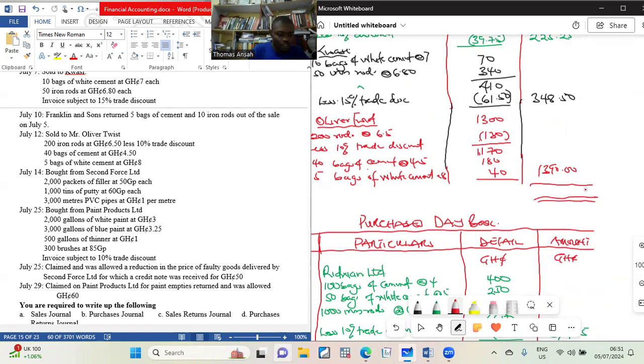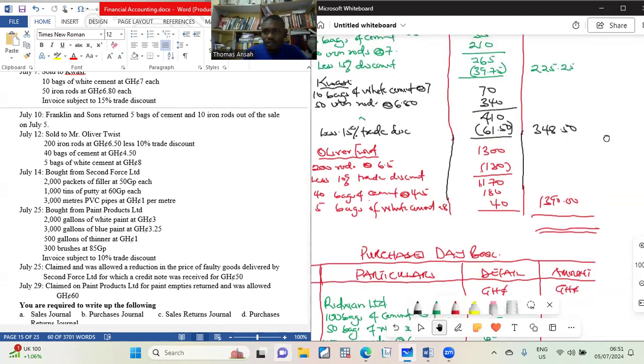So I have 1390 plus 348.5 plus, what do I have at the top there? 225.25. If I add everything up, what I'm getting here is 1963.75. That is it. And this one will be transferred to the sales ledger.